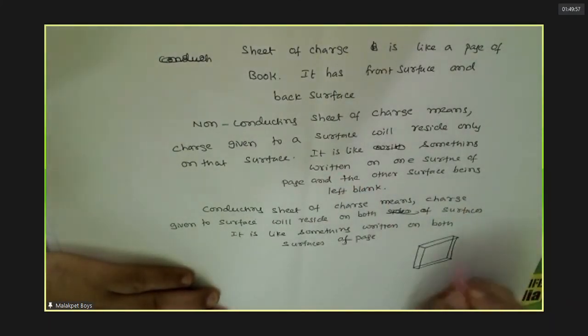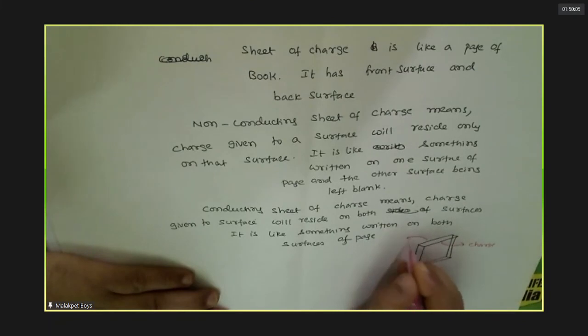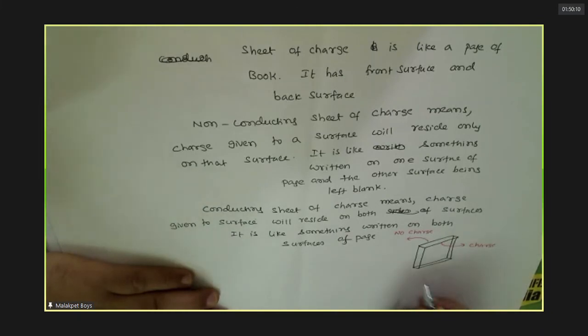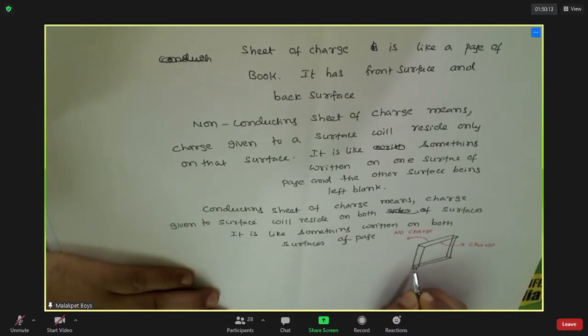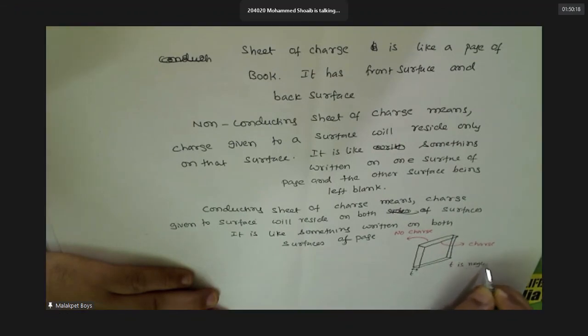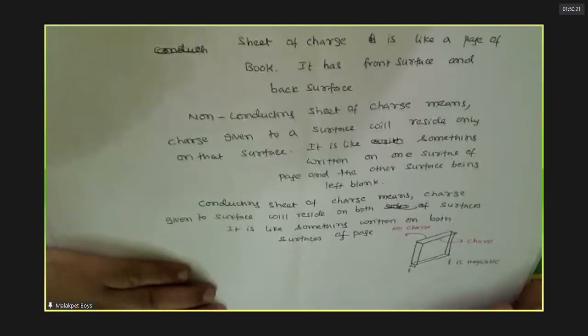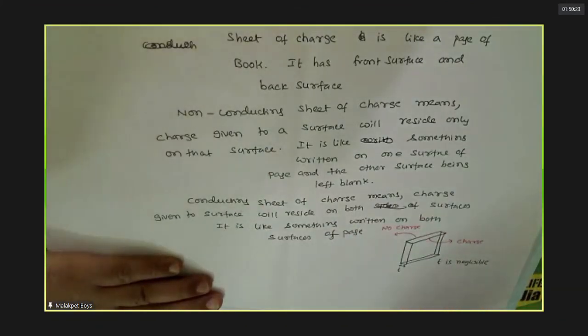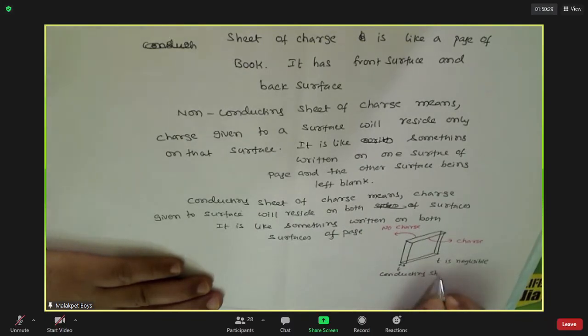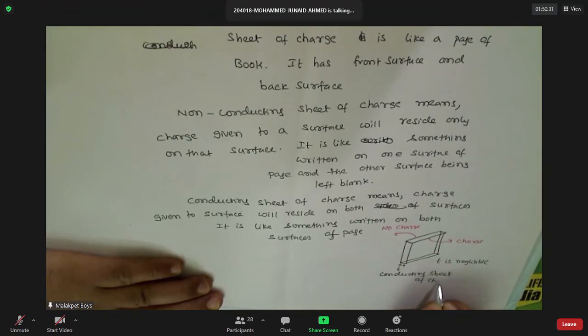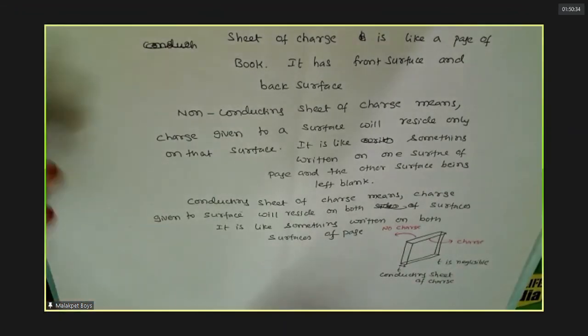Follow this. So here is the back surface, no charge. This is the case of what? This is thickness. T is negligible. Understood this? This is for conducting. Non-conducting, same way.